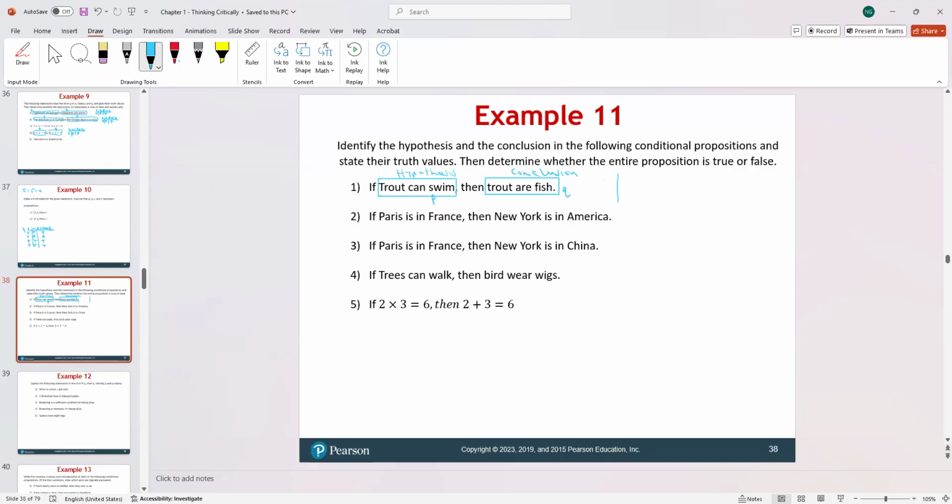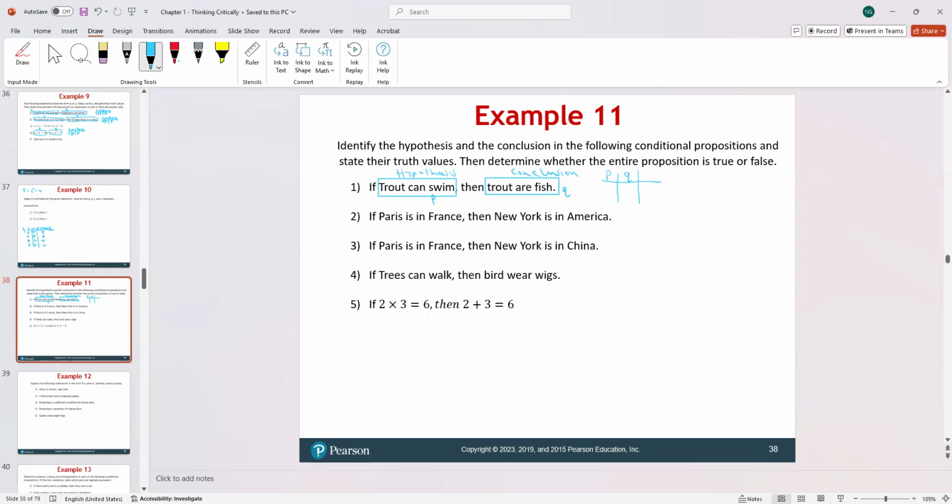To try it, we're going to have P and Q. Trout can swim. Do you feel like trout can swim? That's the first question. Yes, trout can swim.